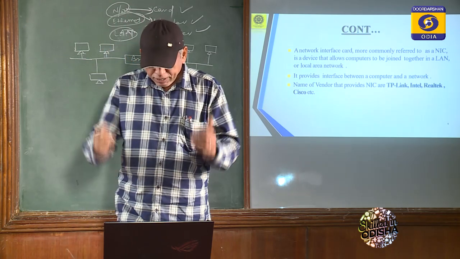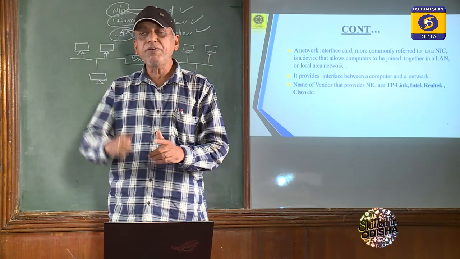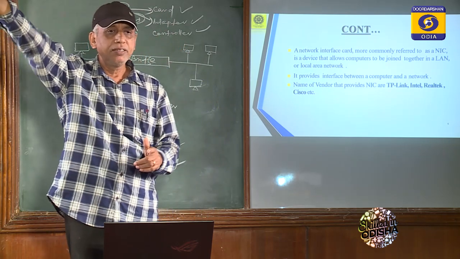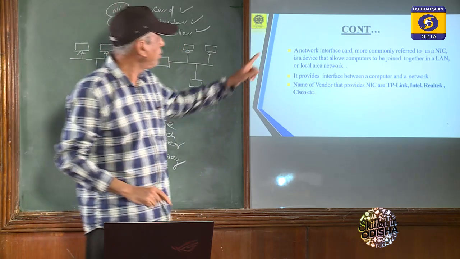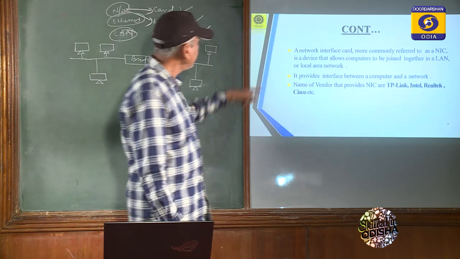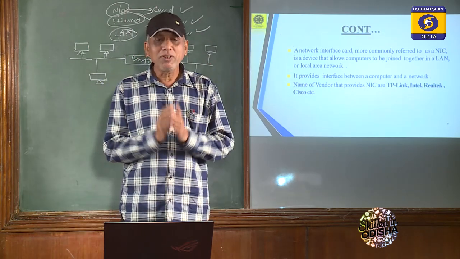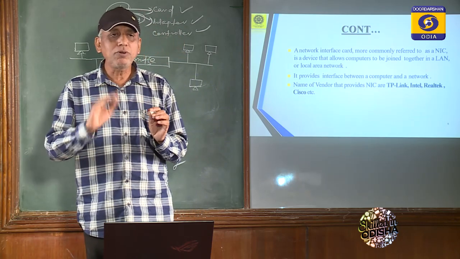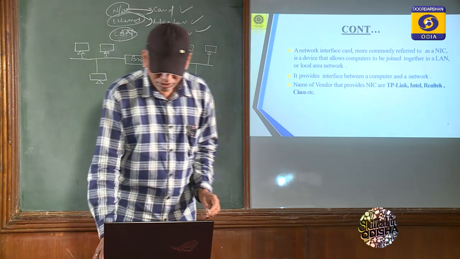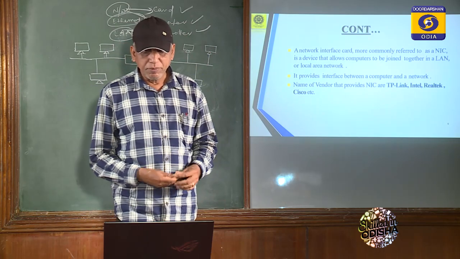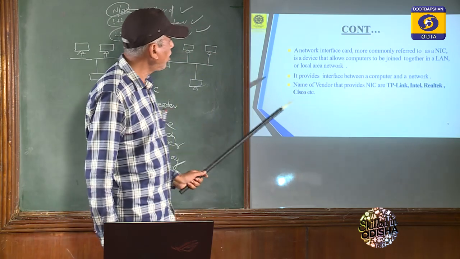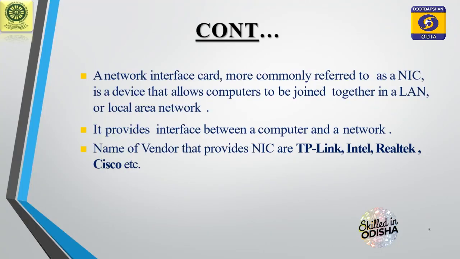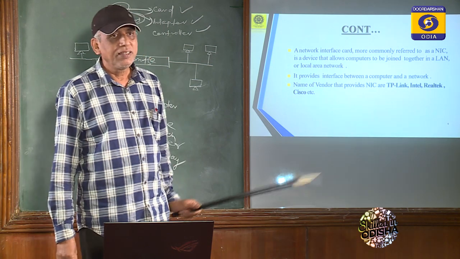How can our computer interface with the outer side? That is done by the NIC card. Without a NIC card, it is impossible to connect to the outer side. The vendors which provide the NIC are TP-Link, Intel, Realtek, Cisco, etc. They are producing this NIC card.